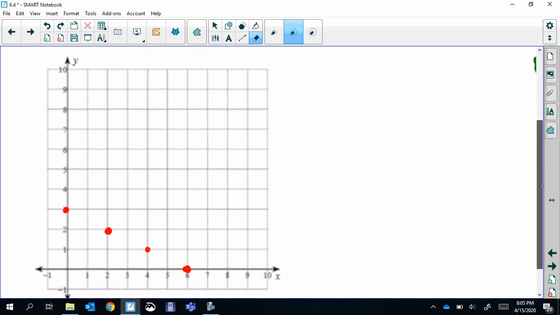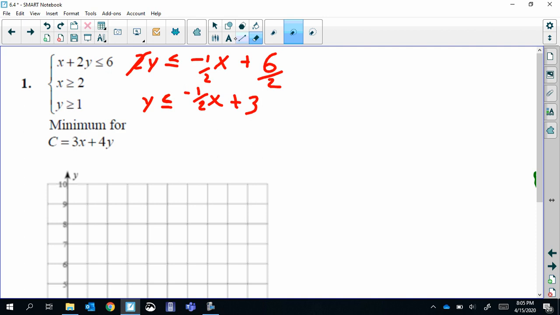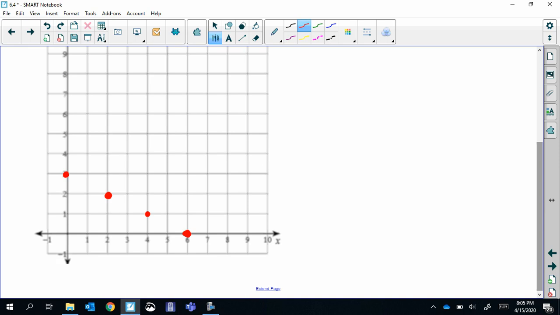Okay, so we have that line. It was y is less than or equal to, which means it's going to be a solid line because it's or equal to.